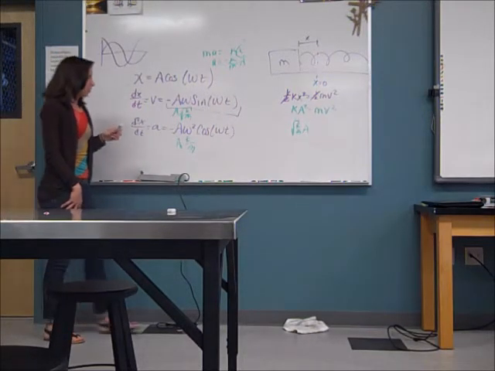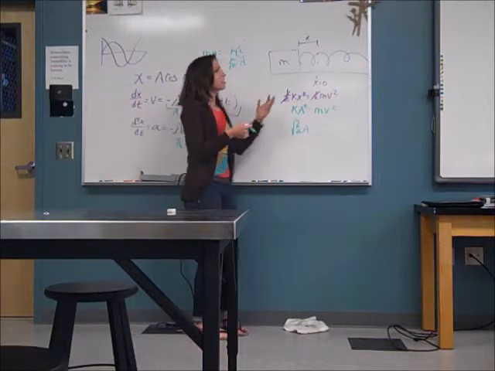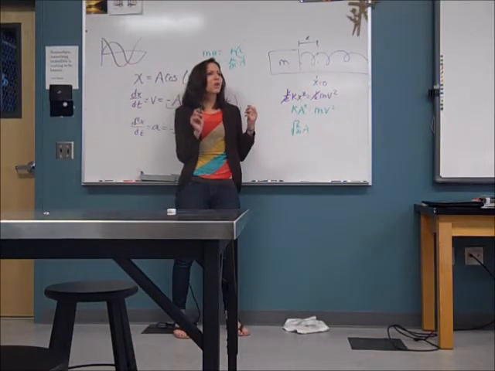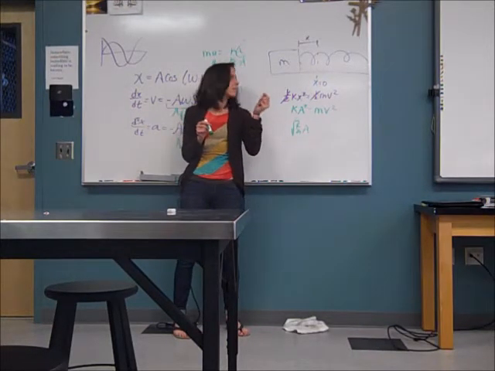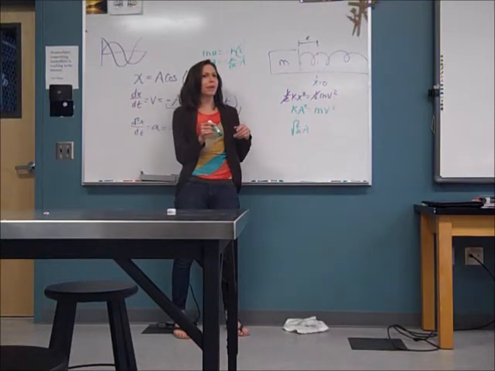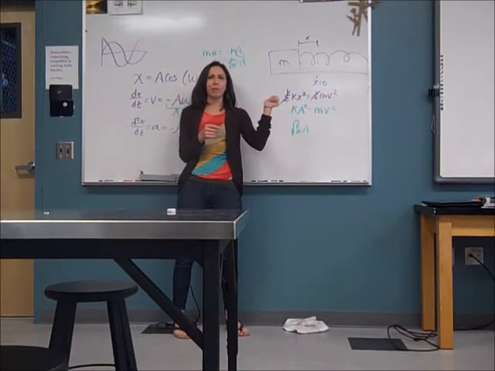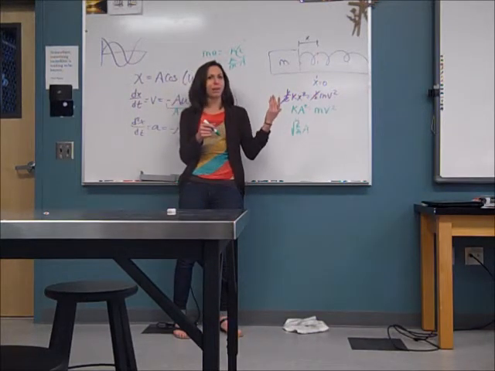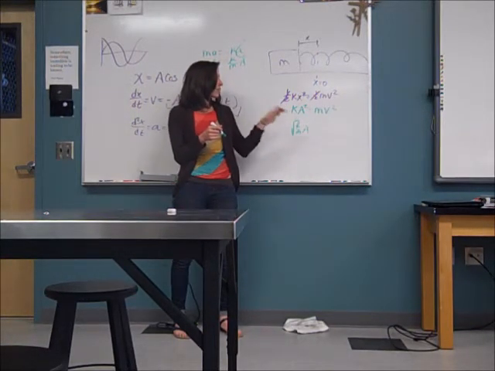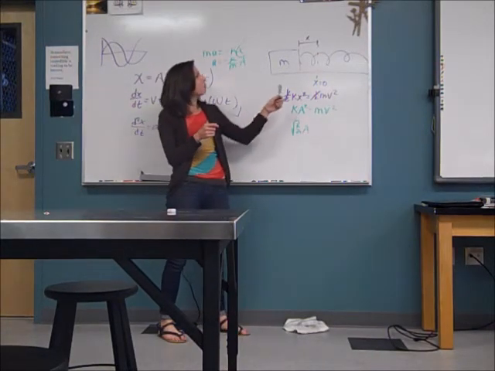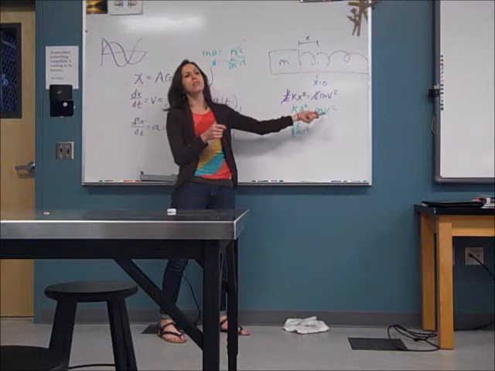If I asked you how much energy is in the system at any given time, you can always tell me the answer. If I pull some mass on a spring back and I let it go, and it oscillates back and forth, and all I give you is how far I pulled it back and what k is, then you can figure out what the total energy of the system is, because at this moment of release, there is no velocity.